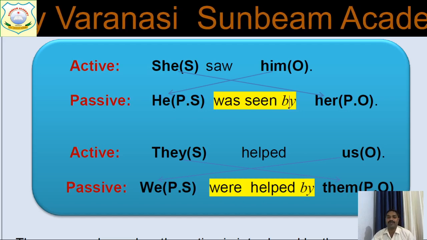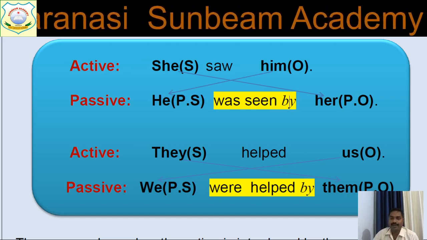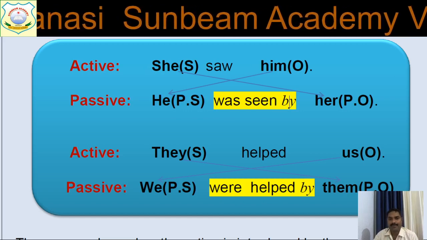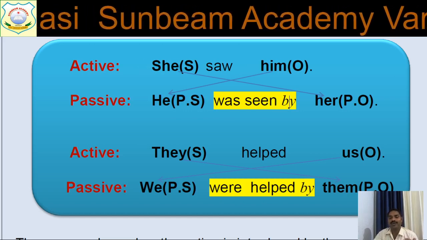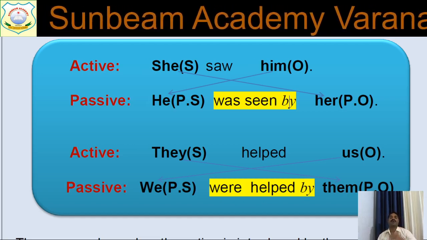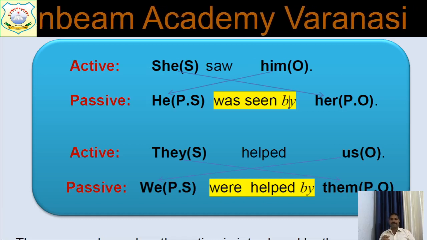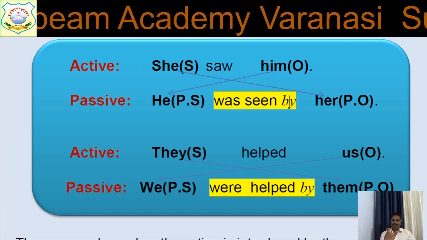Now the most important thing that I told you in the previous class is that you can make changes easily, but the thing is how will you make use of the helping verb and the main verb? This is the most important thing, which is highlighted here in yellow. Okay, so this is the most important thing.